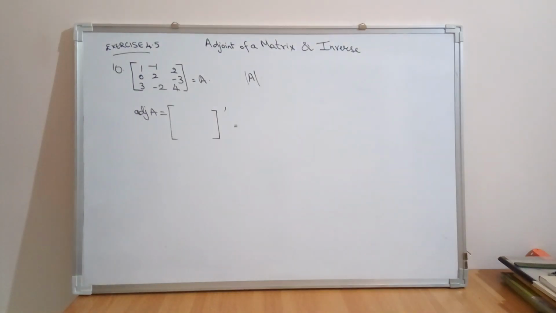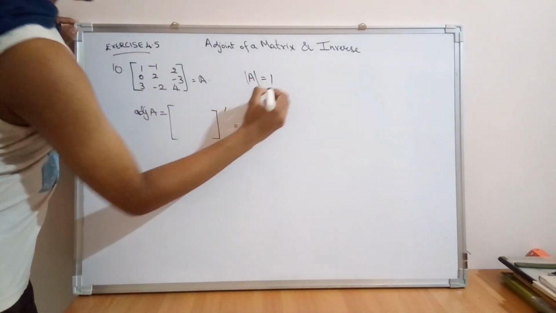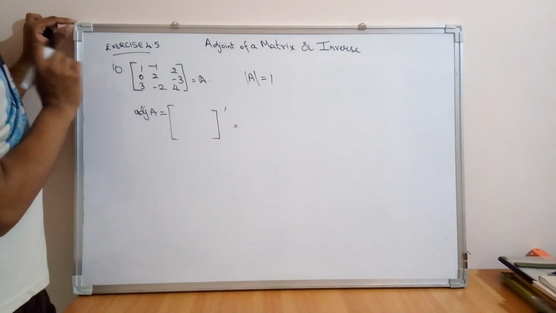Okay, now we have the 10th question here. The 10th question is like this. We are asked to find the inverse here also, if it exists. So we'll see how it looks. Okay, we need to find the determinant value first of all. Since it is given if it exists, maybe we'll just check the determinant value first. So let me expand using this because one of them is 3.